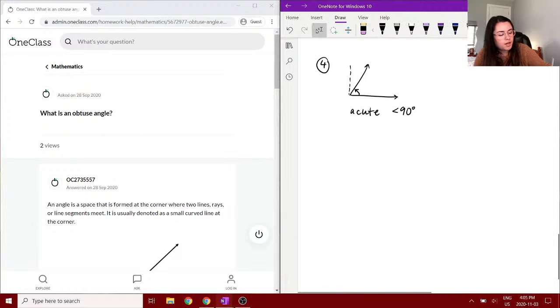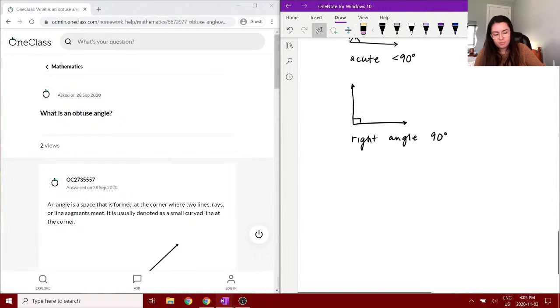We also have, if 2 lines are perpendicular to each other, instead of drawing a curved line to show the angle, we will draw a little box like this, and that signifies that this is a right angle where the angle is exactly 90 degrees. So that occurs when the 2 lines are perpendicular to each other, okay?